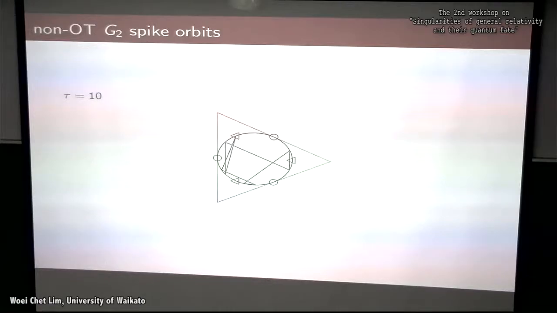And spike transitions allow you to still end up at the same Kasner point as all your neighbors after some time, after basically two consecutive Bianchi II transitions for the neighbors. So this non-OT G2 spike is a spike transition that happens at the end of a Kasner era. It happens between two Kasner eras, okay? Whereas the OT case happens within the same Kasner era. That's the difference between the two.